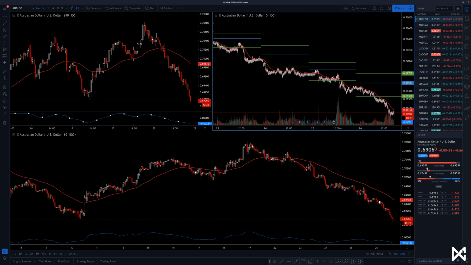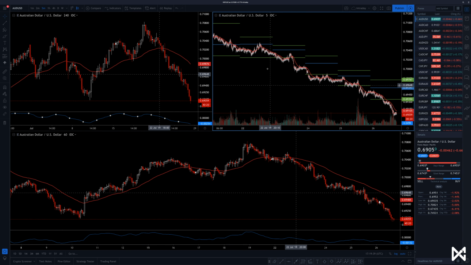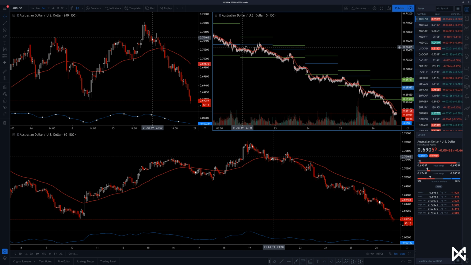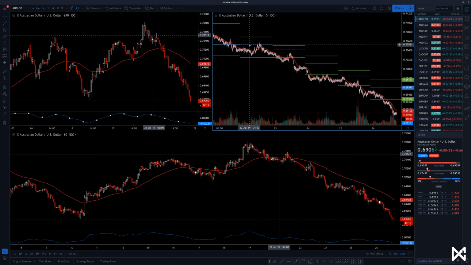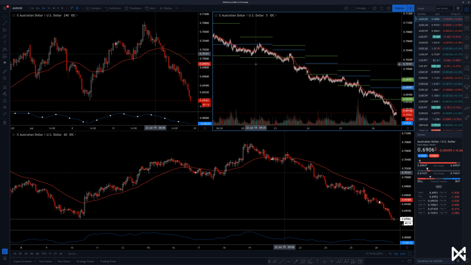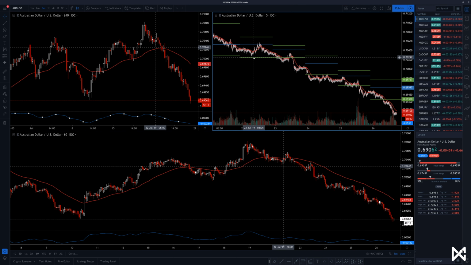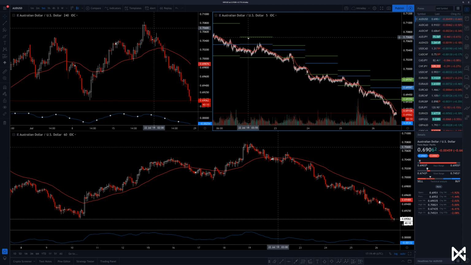But this is what pivot points is. Pivot points pretty much plots these support and resistance levels. Okay, so the blue line is the main pivot, the green line on the bottom is support 1, the green line on top is resistance 1.